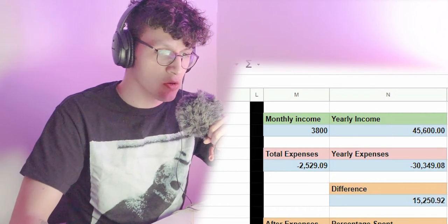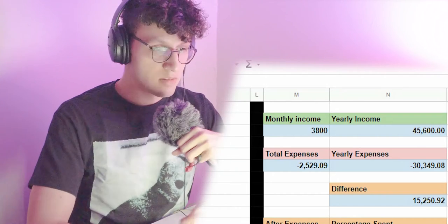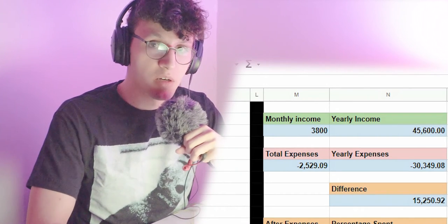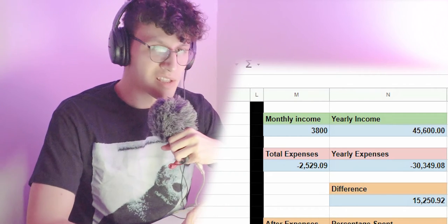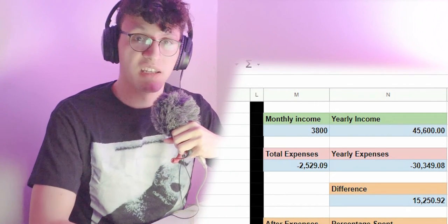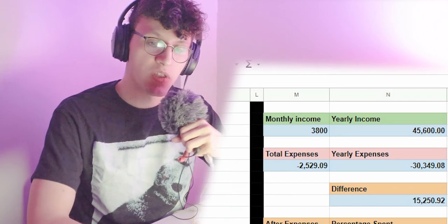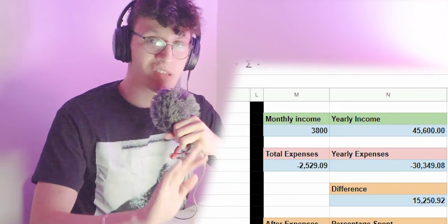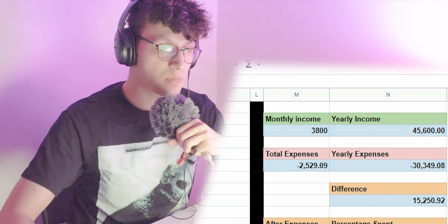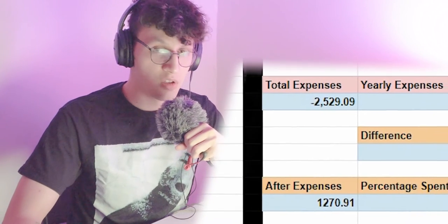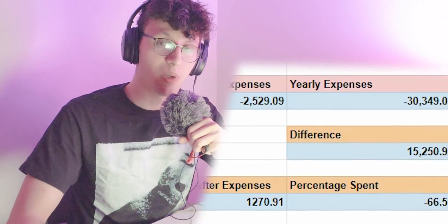Let's say that these are all of your consistent bills. This is everything that you know is going to be coming in for the foreseeable future. Let's say that your life stays exactly the same for the next 10 years. These are going to be the things that you need to keep your life staying exactly the same and not moving down. These are the costs of doing that.